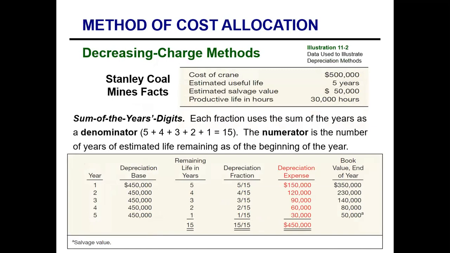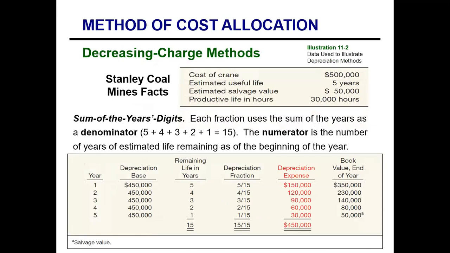So as we'll see with sum of years digits and with double declining balance, they are considered accelerated or decreasing charge depreciation methods. Because their depreciation expense is greater in the early life of the asset and then reduces as the asset gets older.